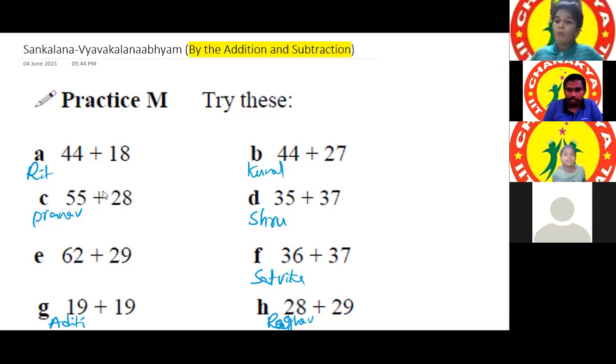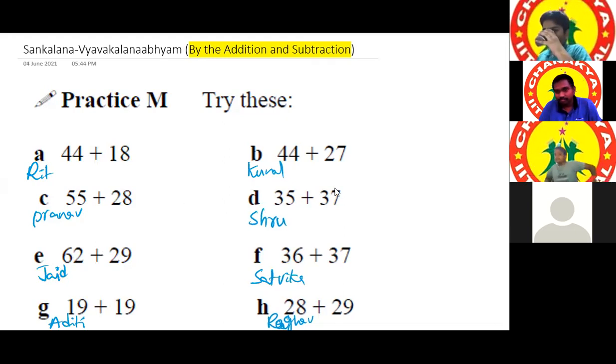E, Jaideep. Only one person, you have to give only one letter number and name, that's all. So if it is already over, you should not give again.